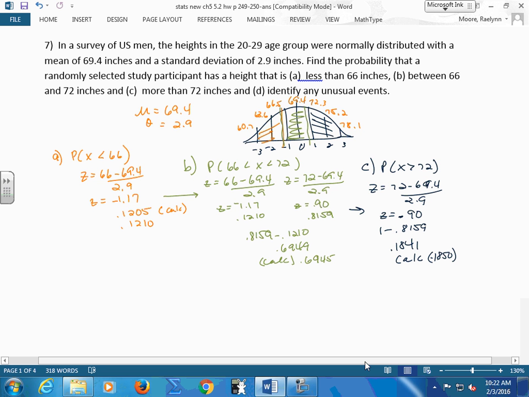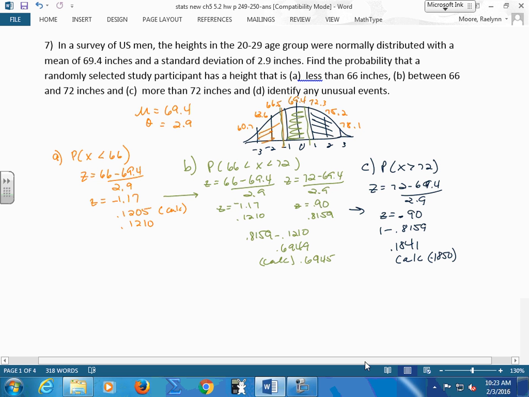And if you remember your empirical rule, your plus or minus 1 is 68%, your plus or minus 2 is 95, your plus or minus 3 is close to 99.7. Even that plus or minus 1 kind of helps you out. So when we look for it in between, such as this guy, look where 66 is. This is where my 66 is, right over here. And right here is my 66.5, so my 66 is real close.